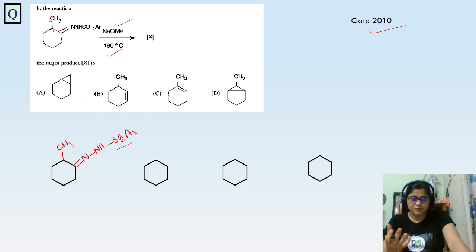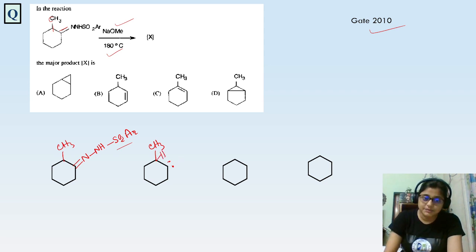Because of the high activation energy, we know that here carbene will form obviously. Now what will be the product? Here H is present, and here 2H is present.